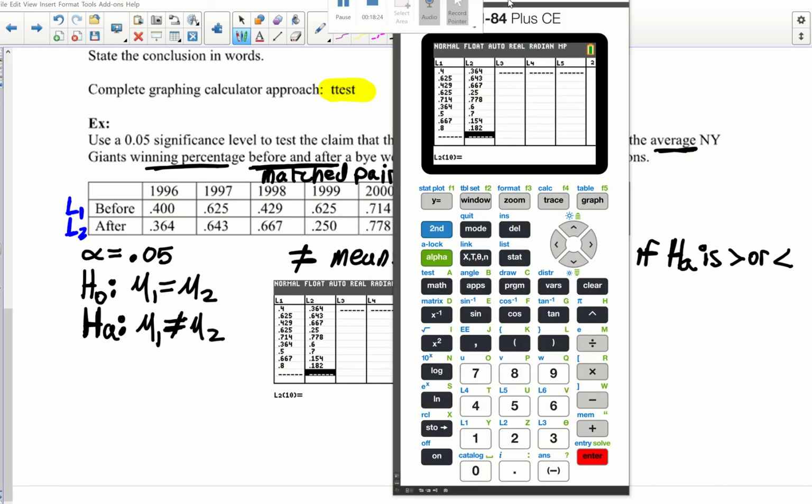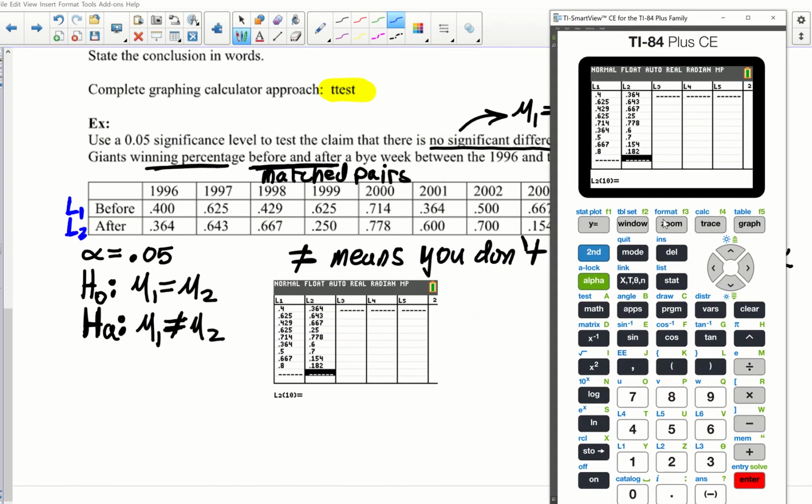So once you do that, now what we're going to do is just quit out of here. So second mode. So you're in the home screen. Second mode. And then we're going to hit stat test 2.